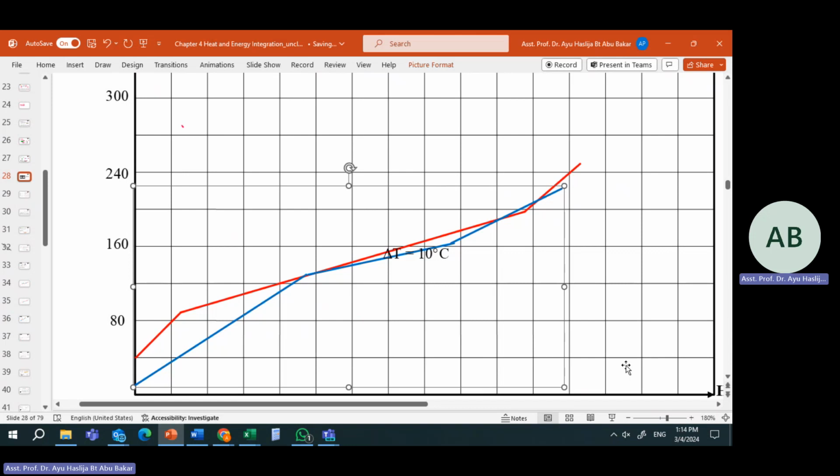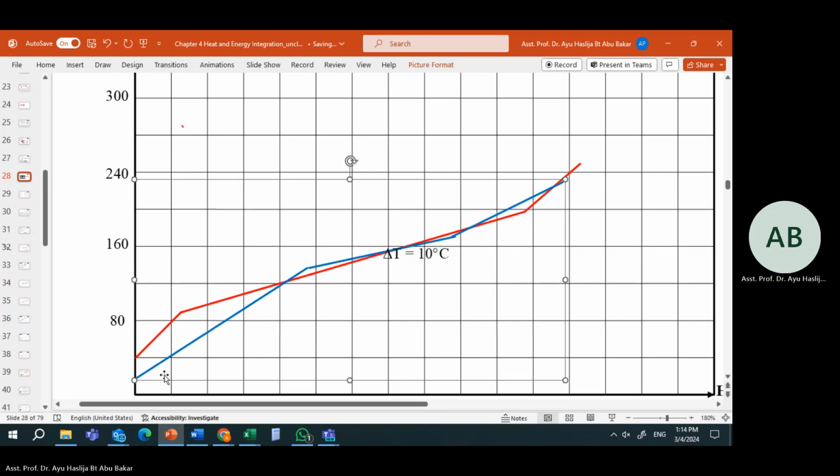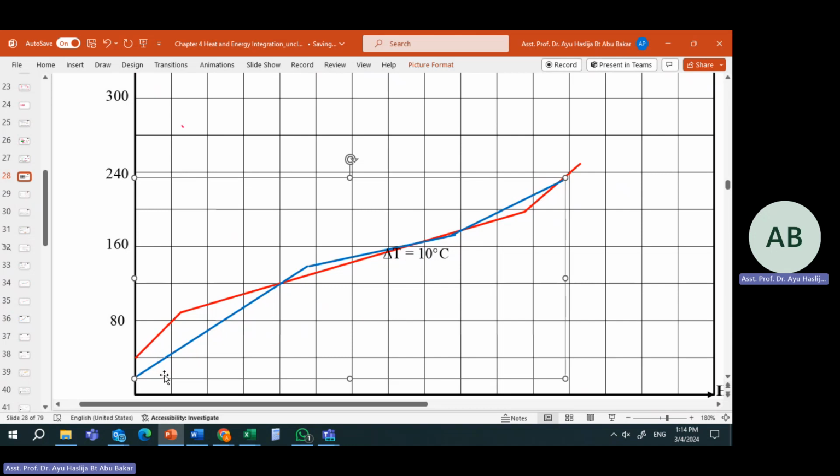Cold stream starts from 20 and hot stream starts from 40. Now here is 20 and 40. Now this curve is the one that we get from combining both streams for cold and hot.